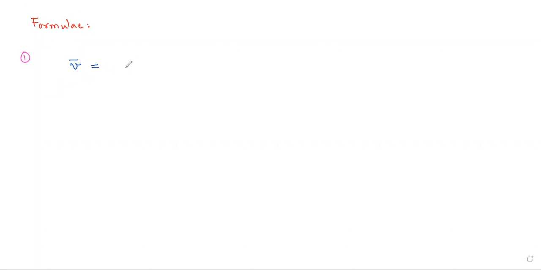Okay, then you can, of course, go for RH into Z square, where Z is atomic number, into 1 by 2 square minus 1 by n square, where the value of n is greater than 2. This was actually given by Balmer, and this is called Balmer's equation.